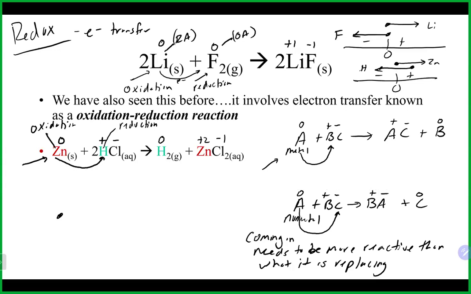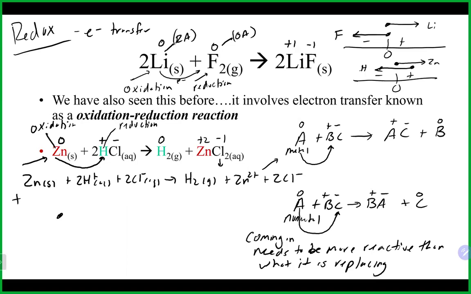You could, for example, write this reaction as a total ionic equation, and that would be zinc plus 2 H+ plus 2 chlorides. And since that's a gas, we would keep it together. And we would break apart this guy into a zinc with a +2 charge and 2 chlorides.